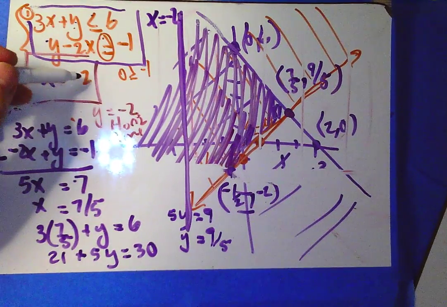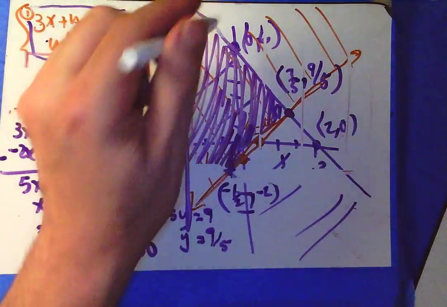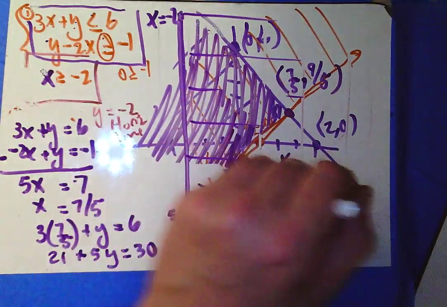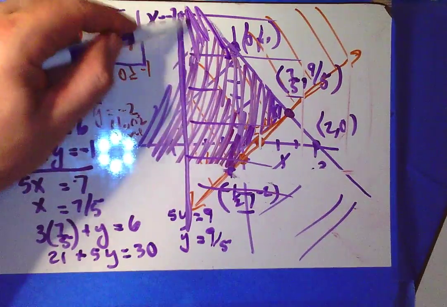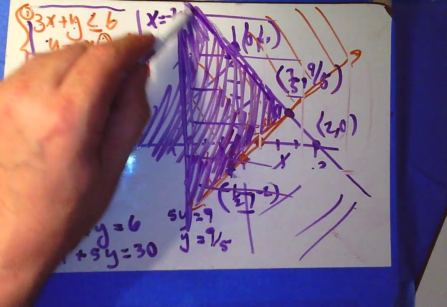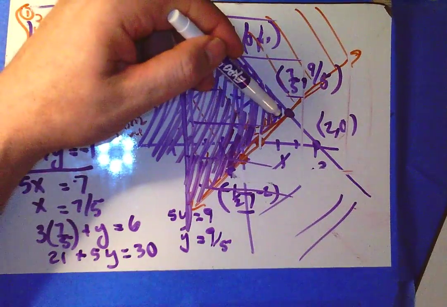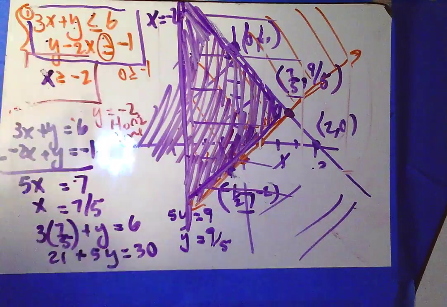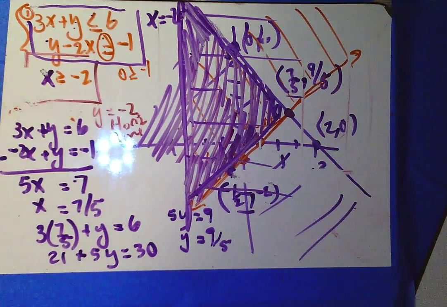And where are the x values that are greater than or equal to -2? They live this way. And so my solution region would be this triangle, bounded on top by the first inequality, bounded on the bottom by the second inequality, and bounded on the left by the third inequality. Okay, so there's our second one.